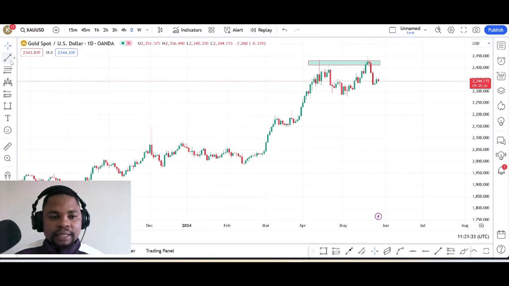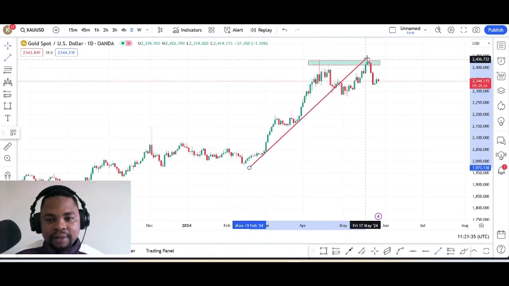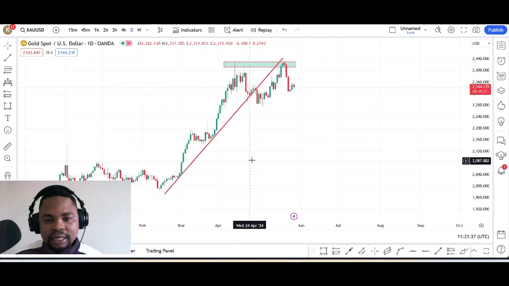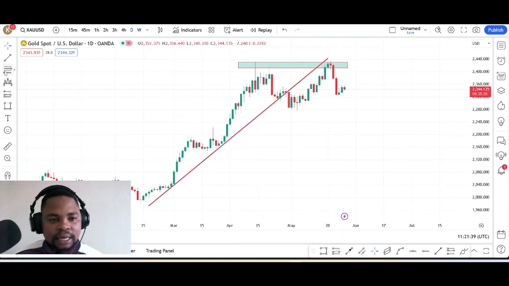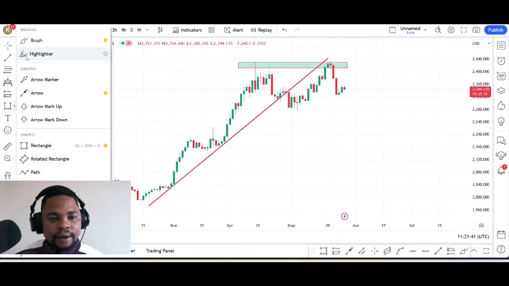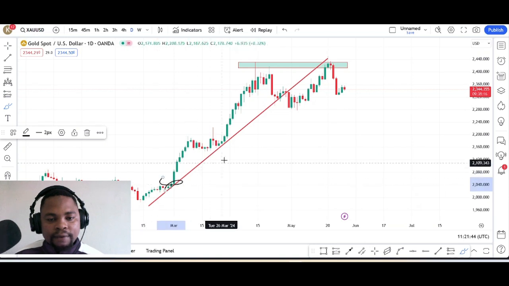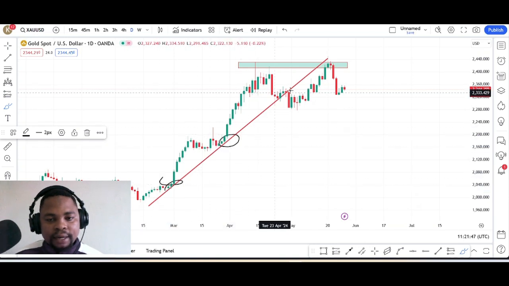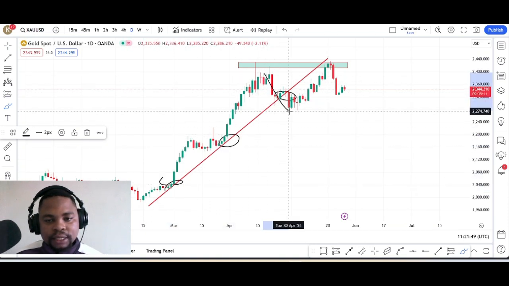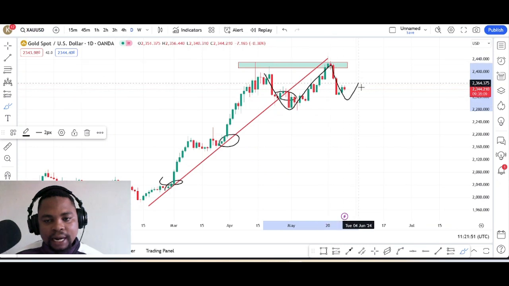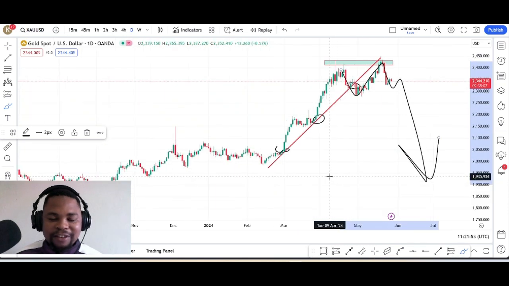By looking at this, I can easily manipulate it and say we finally managed to cross the line, and then we came up, and now we're looking for continuations further down.